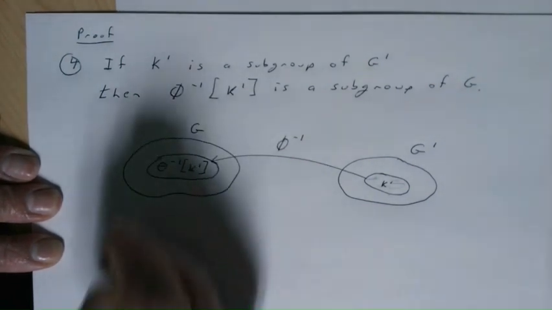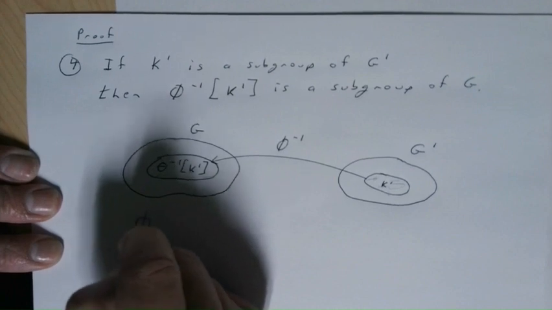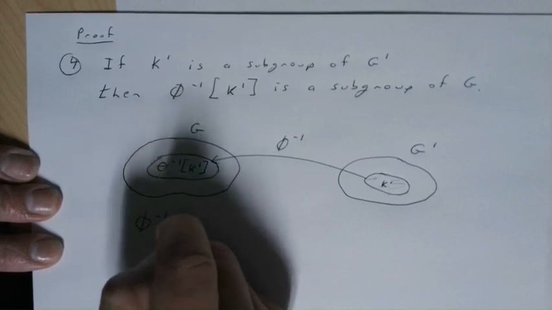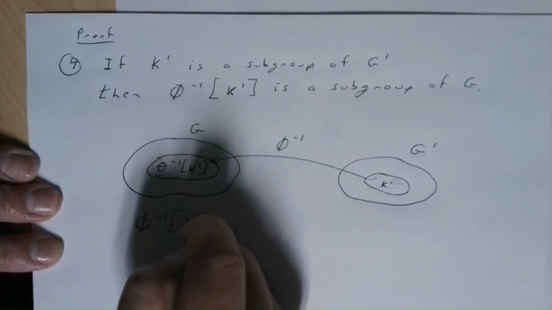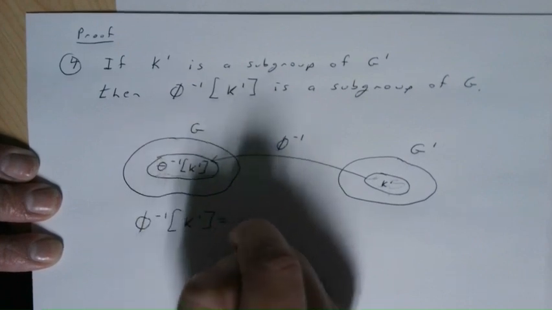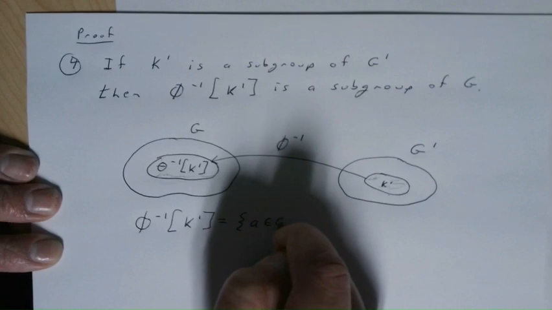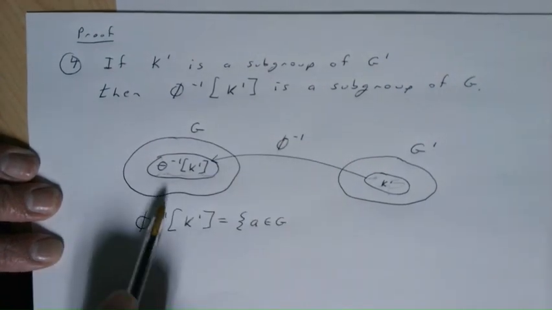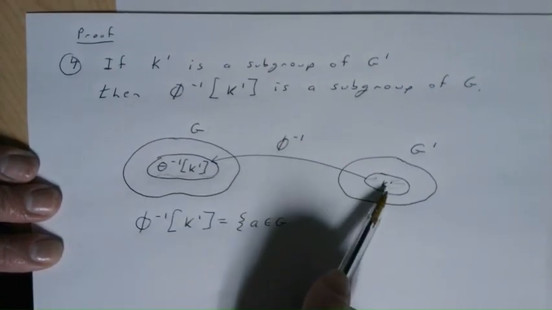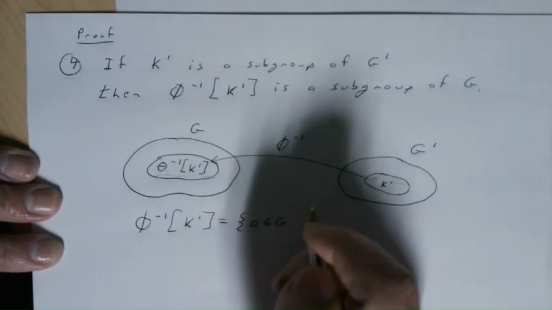And let's write again the definition of phi inverse. It's going to be equal to those values in the group G that produce values in the set K prime.